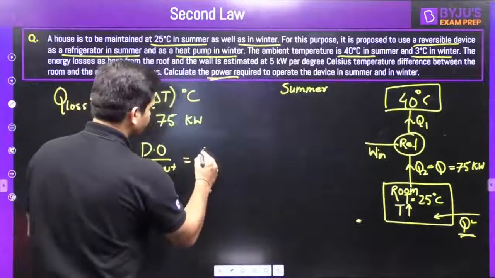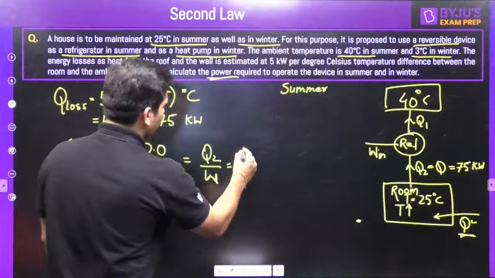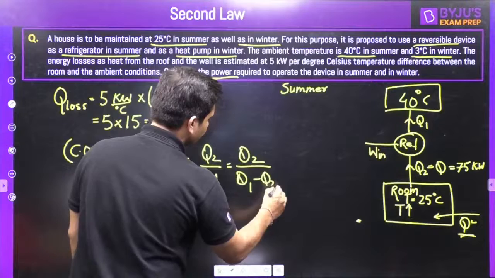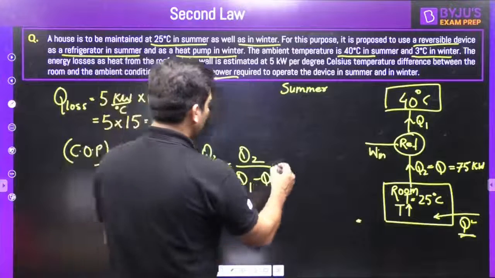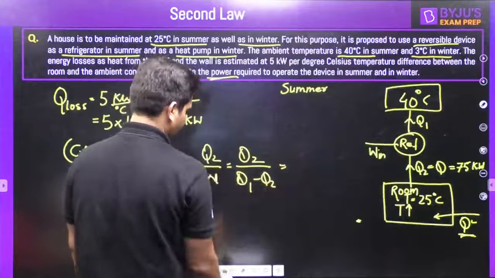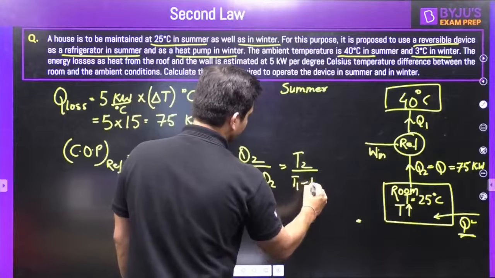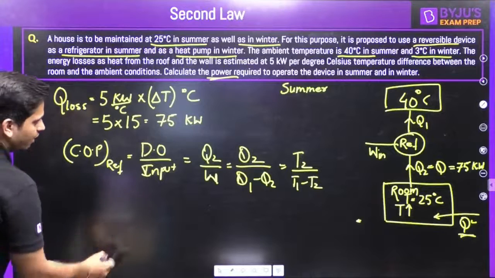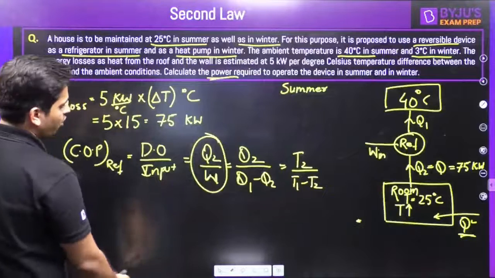So COP is Q2 by W, which is Q2 by Q1 minus Q2, which is T2 by T1 minus T2. So you can calculate COP, and by calculating COP and this, you can calculate work.